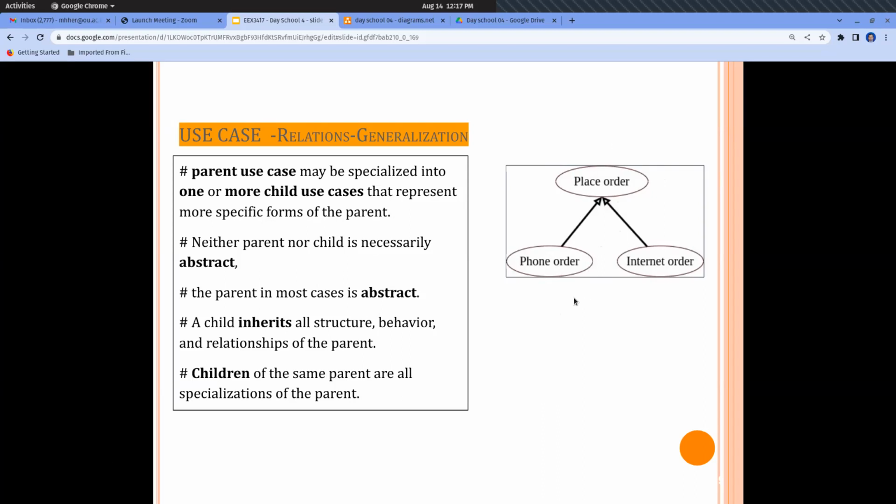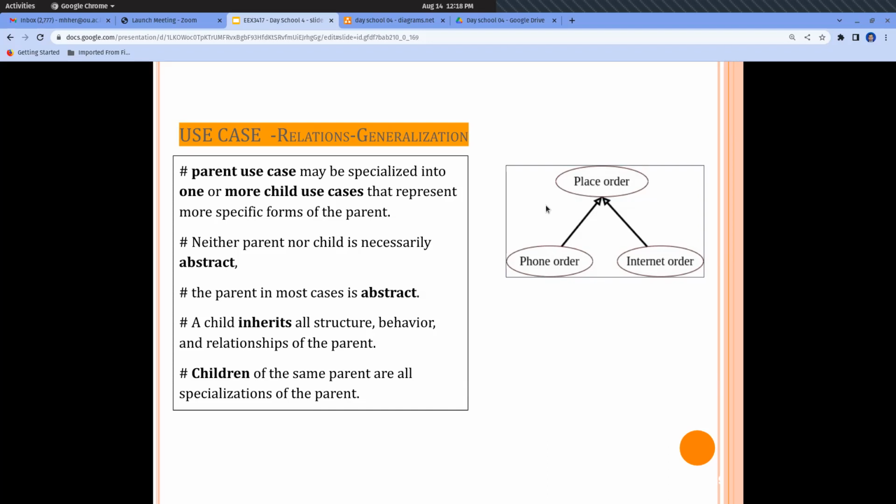Abstract means that place order most of the time only defines what the child use cases are. You can understand this more when you do an actual example.